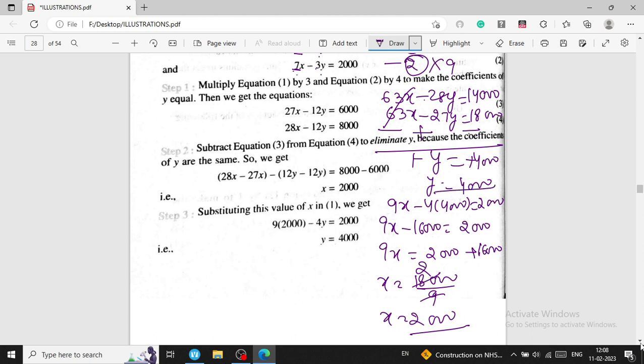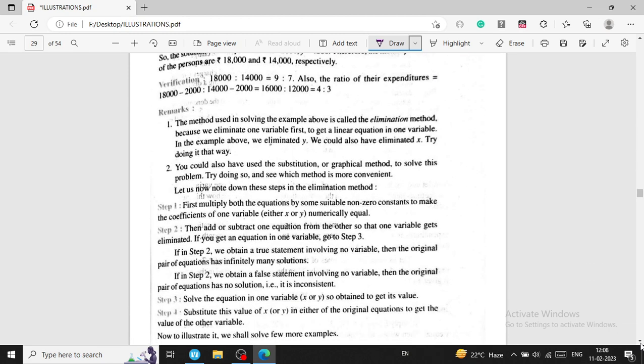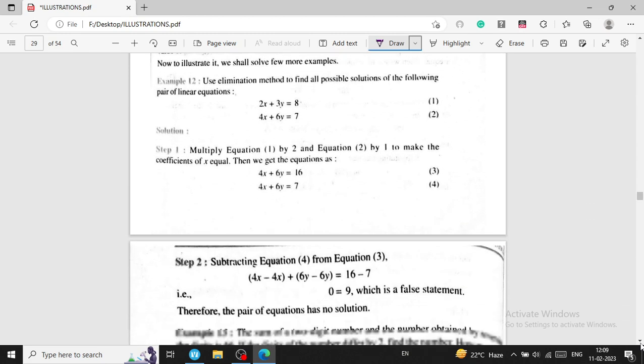You can use any type of way for elimination. Either you can use my method or you can choose the book method. Now the next question: given 2x plus 3y is equal to 8, 4x plus 6y is equal to 7. First equation, second equation. Multiply the first equation by 4, and the second equation by 2.